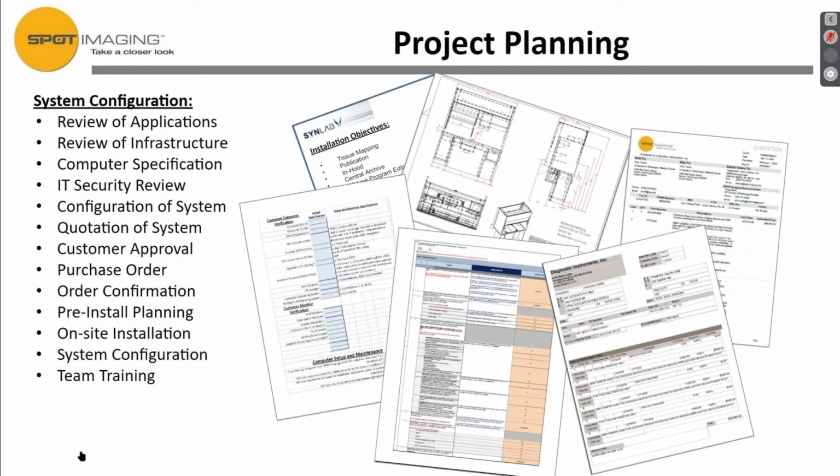Once you approve it and provide us with a purchase order, we'll do a confirmation of your order. We'll do a pre-install planning, make sure everybody's on the same page so that when we do the install, either on-site or virtual with this product actually, everybody's ready to go. And then once everything's installed, we'll go over the system configuration with your team and then do training with them so that they're up and running.